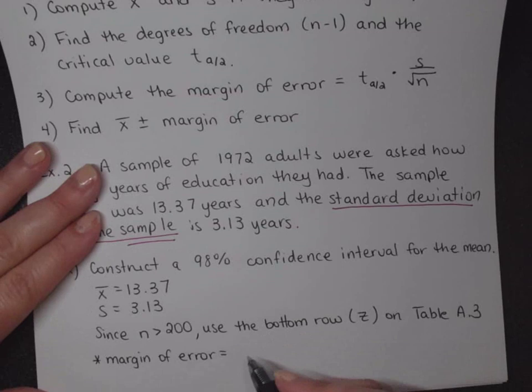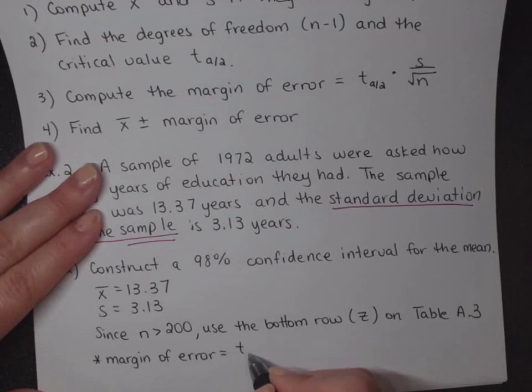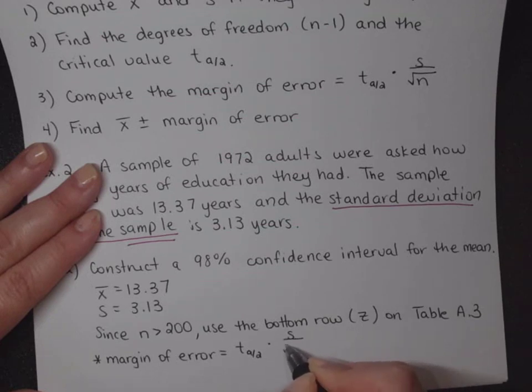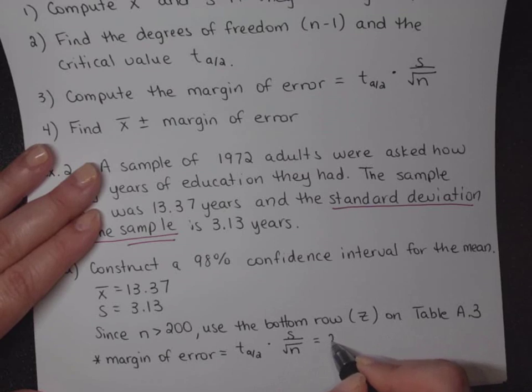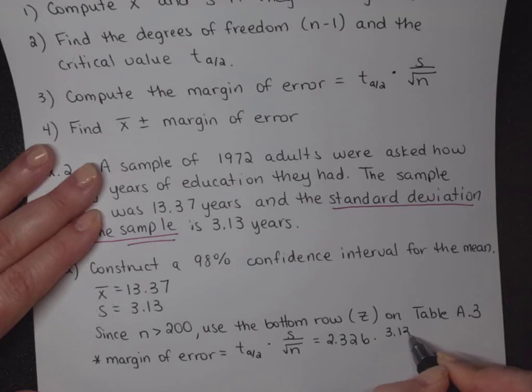So the margin of error, remember, is going to look like your critical value times your standard error. So it's going to be 2.326 times the standard deviation divided by the square root of n.